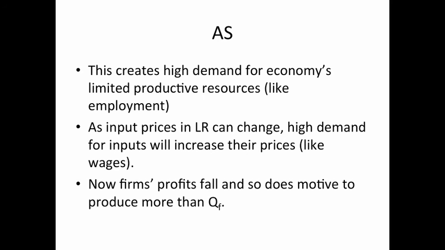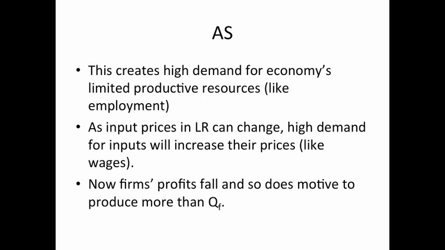So we're increasing demand for a constrained resource, like the number of workers. And as the input prices, such as wages, in the long run can change, then the increase in demand for workers will increase the price of the input. So as we're producing more and more, and we're hiring more workers, at some point, i.e. in the long run, wages will start to rise. So the excess demand for the resource is going to push up the price.